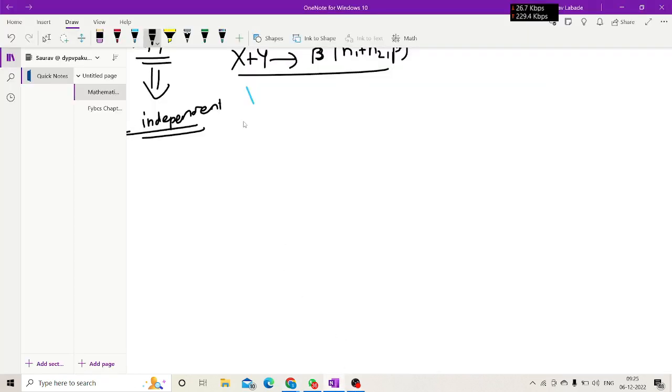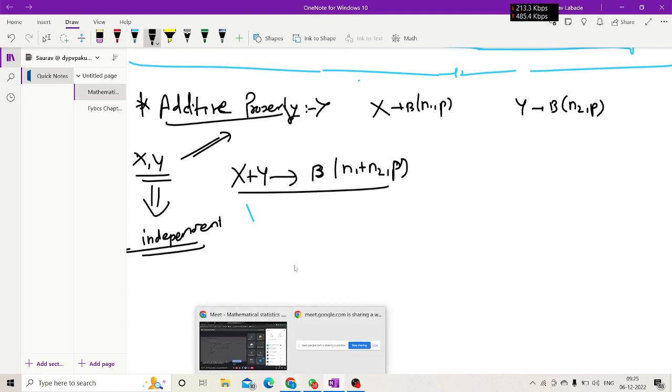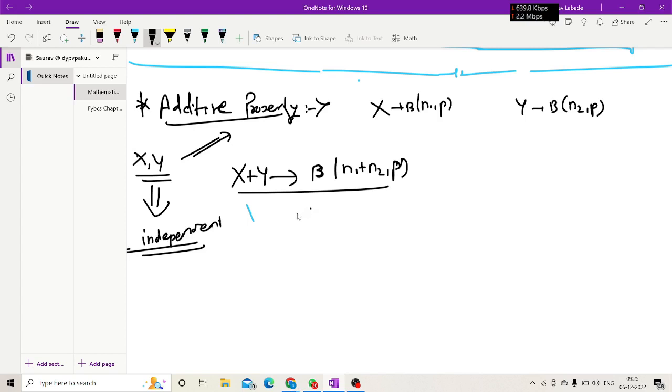Yes, so that was the additive property. So what is the additive property? When I have two values x and y, it will hold the additive property when these are independent.